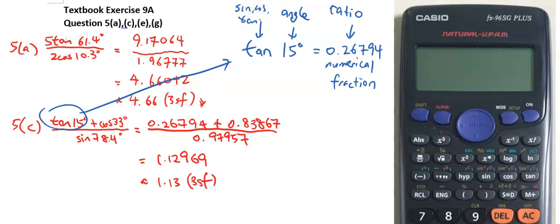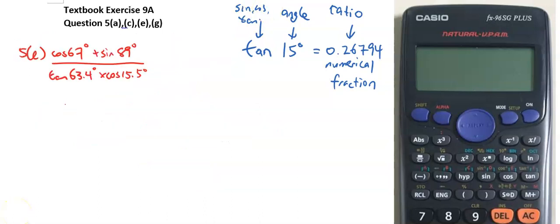In question 5e, similar to c, we follow the habit of evaluating numerator and denominator first separately before we put it into a fraction as division. If we press the calculator, in the numerator, cosine 67, we'll get 0.39073 plus sine 89, 0.99984.